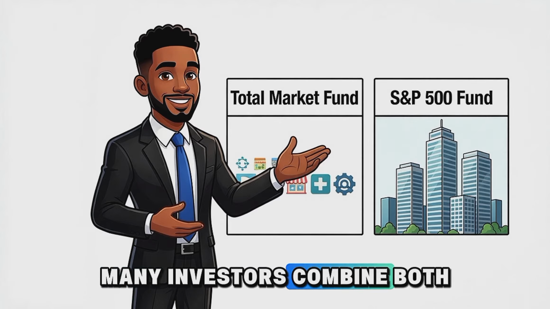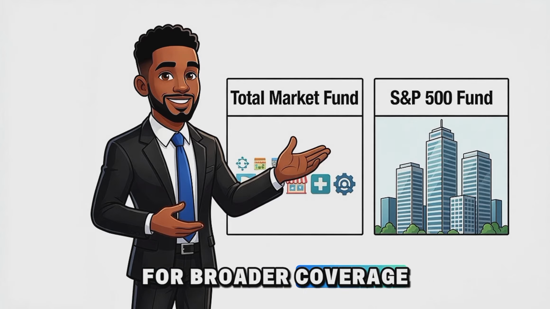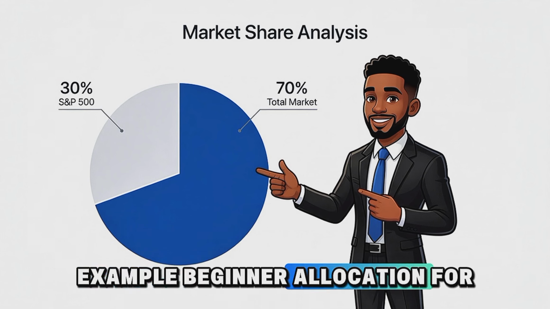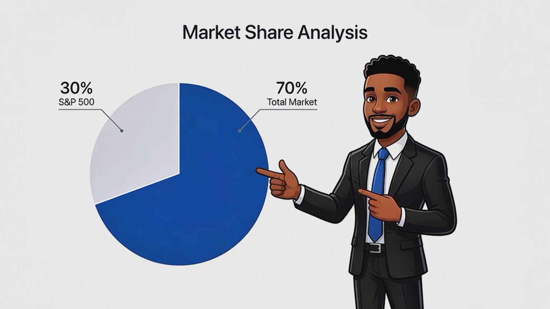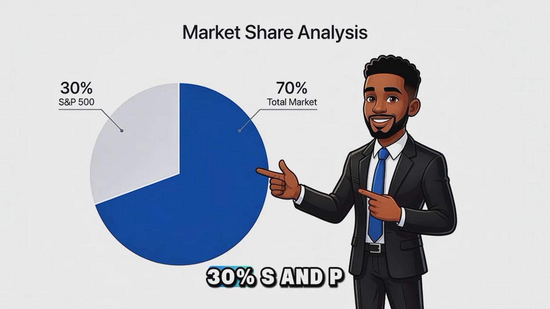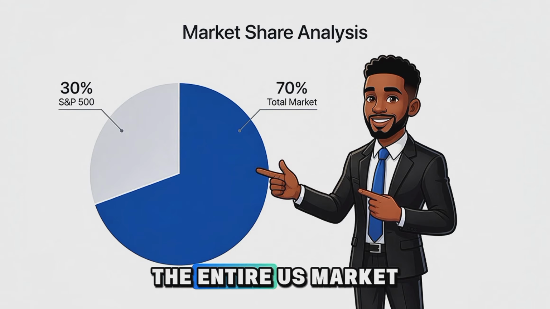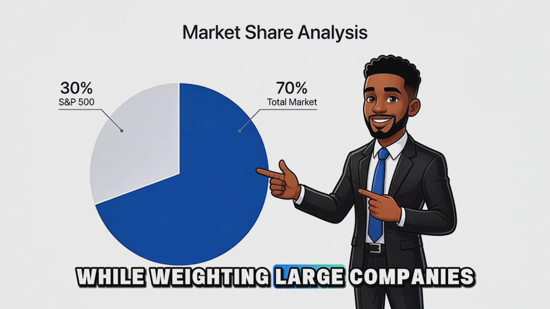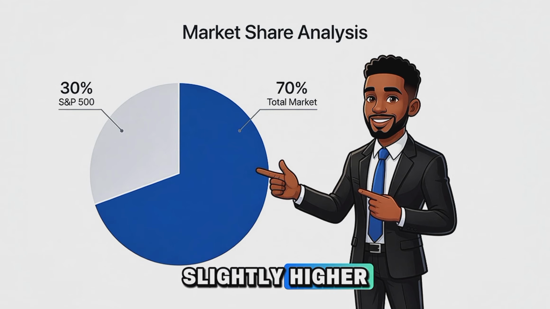Many investors combine both for broader coverage. Example beginner allocation for US stocks: 70% total market fund, 30% S&P 500 fund. This gives growth across the entire US market while weighting large companies slightly higher.